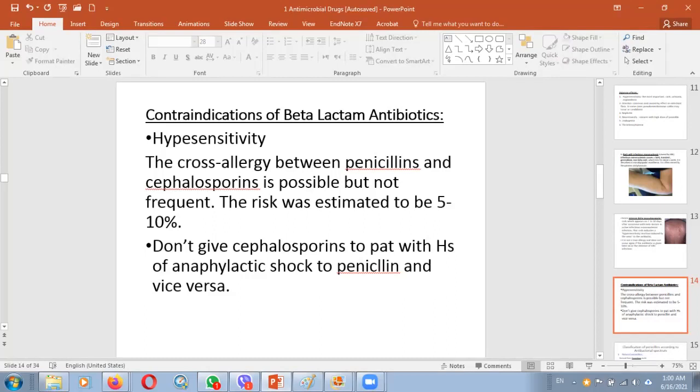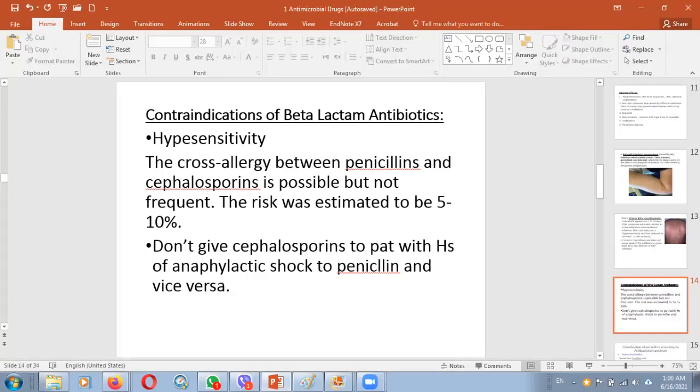What does cross allergy mean? If a patient has a sensitivity to a drug, it may have a sensitivity for another drug that has a similar structure. Okay, let's apply this to penicillins and cephalosporins.